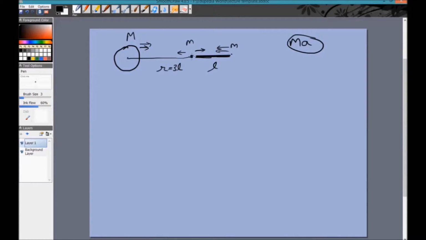So what is the force on this mass due to this mass? That is GMm by r squared, but r is 3L, so 9L squared. This is towards the left, minus this force towards the right, which will be Gm squared by L squared. This is the net force on this particle towards the left, which will be equal to ma for this particle.